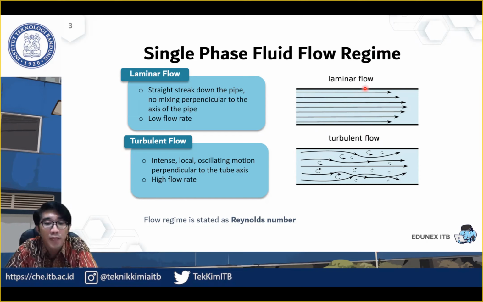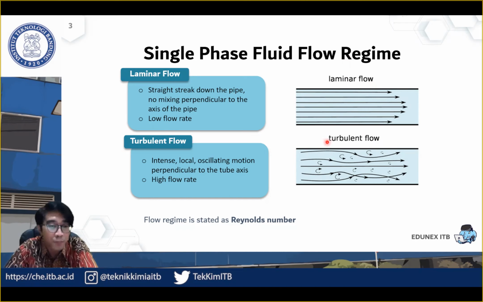Ya, jadi ketika Anda memberikan gaya pada fluida, besarnya gaya ya tergantung pada besarnya gaya yang diberikan, kemudian tergantung juga pada besarnya tahanan yang diberikan balik oleh si fluida tadi ya. Ini akan membentuk yang namanya regime aliran. We call it flow regime.